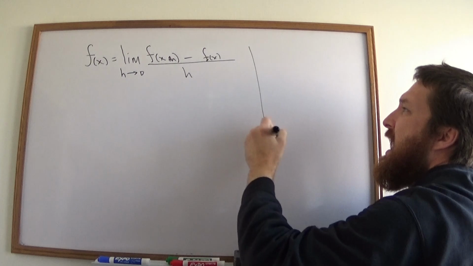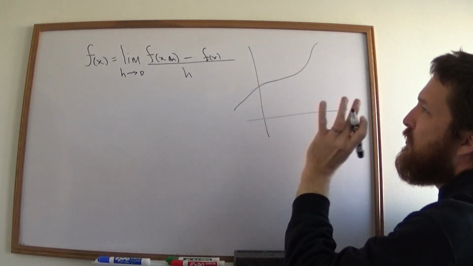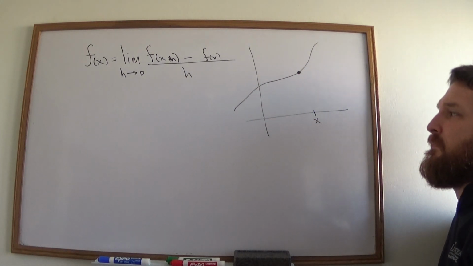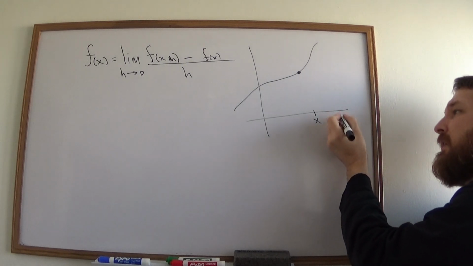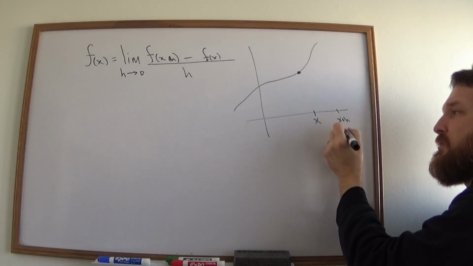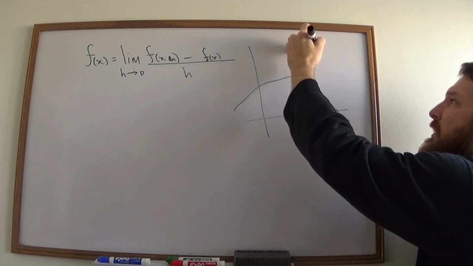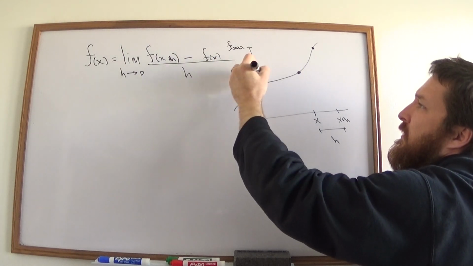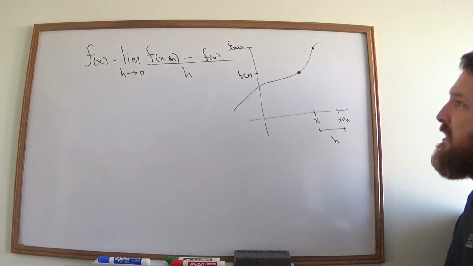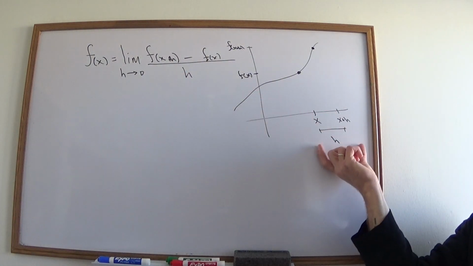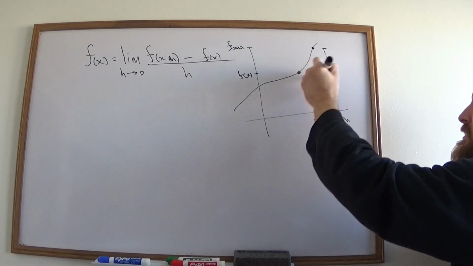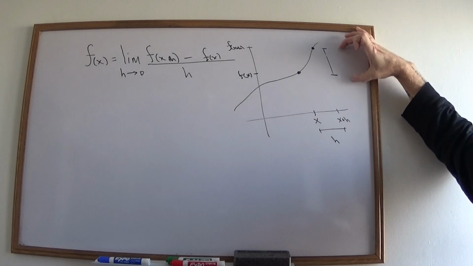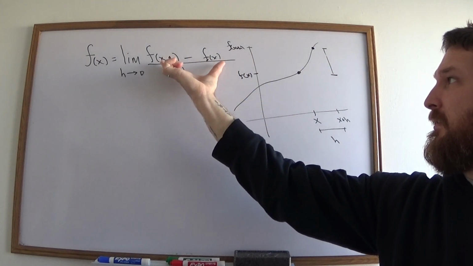The derivative at x: you have some function, and you want to know the slope at some number x. The way that we set it up is you say, okay, go some bit beyond it. How far? How about h? That distance h. And then you just compute the difference quotient: f of x plus h minus f of x. This distance is that right there.